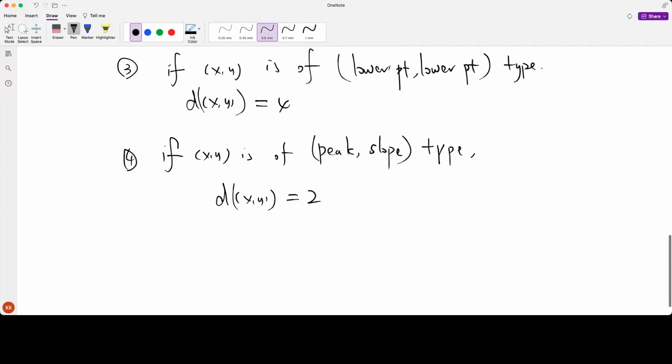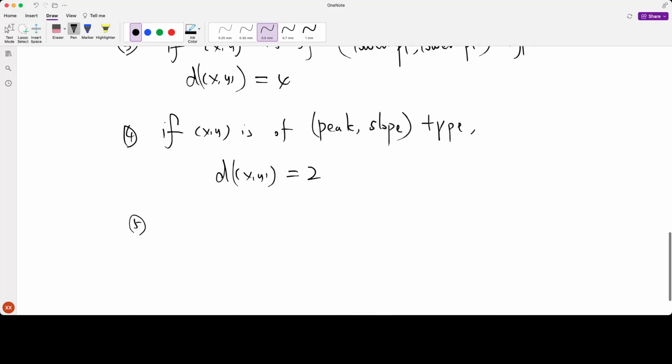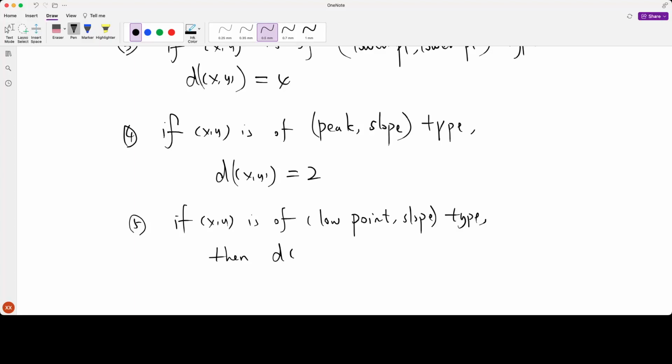And there are some other similar situations. If xy is of, for example, low point and slope type, then the similar computation gives you that the degree of xy is 2 again.